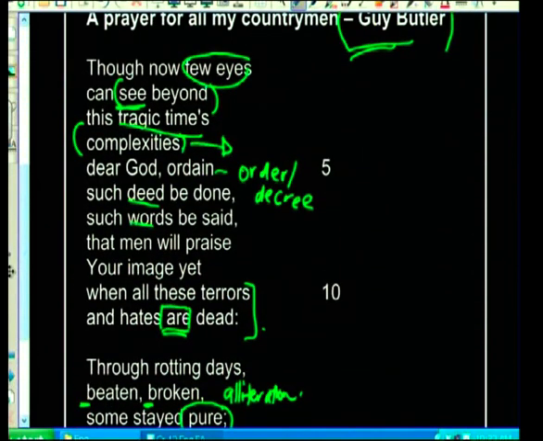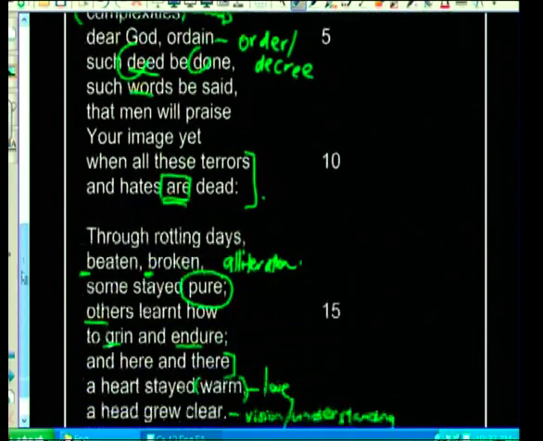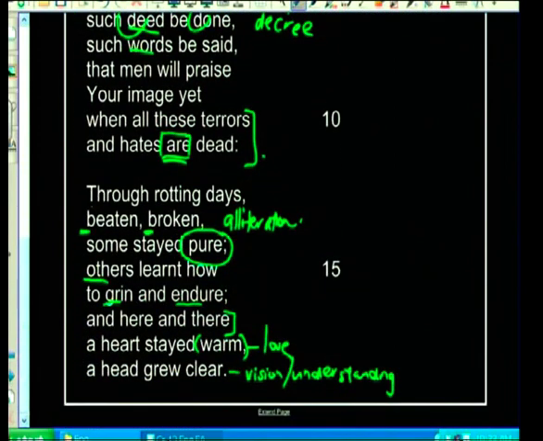So now if your eyes can see beyond the tragic times, complexities, dear God, ordain such deeds be done, such words be said that men will praise your image yet when all these terrors and hates are dead. Through rotting days, beaten, broken, some stayed pure, others learned how to grin and endure, and here and there a heart stayed warm, a head grew clear. Those are the alliteration examples that we have. And you put them down and you're getting your marks.